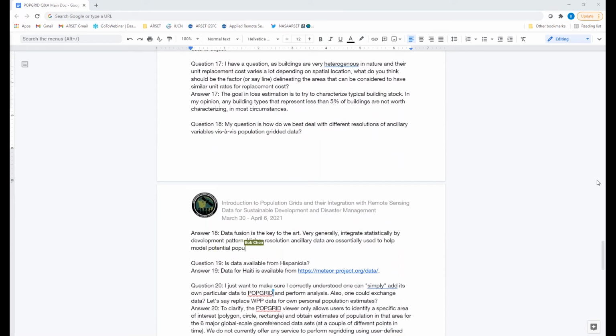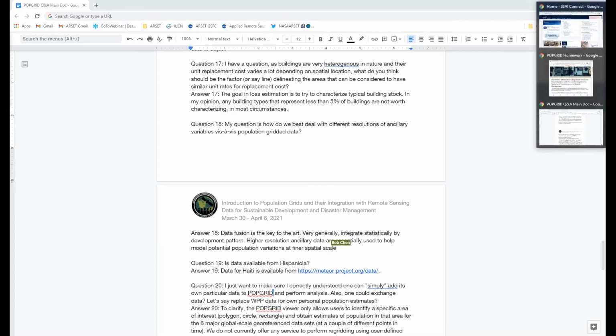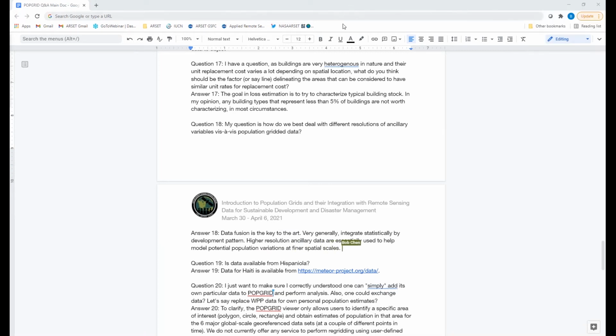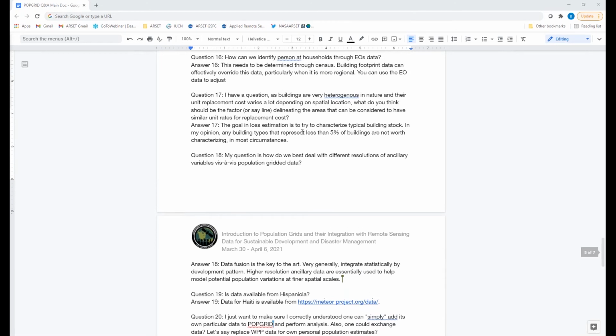If you have too many forks in your statistical model, you quickly get to a condition where you've got more forks than buildings. When you start to run a Monte Carlo analysis, you're just generating noise. So I always think if it's less than 5%, it's not worth characterizing.